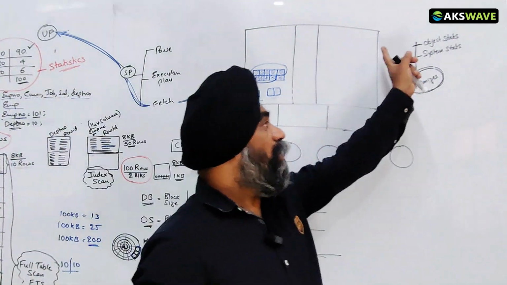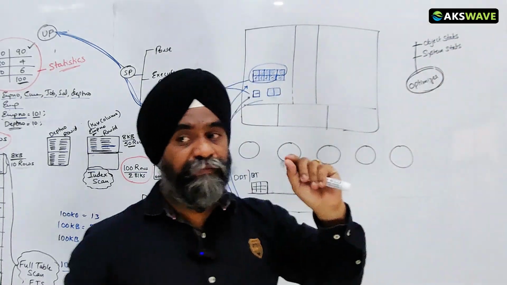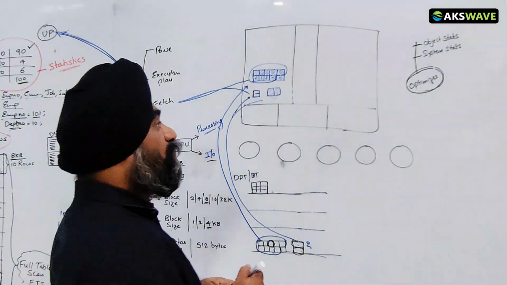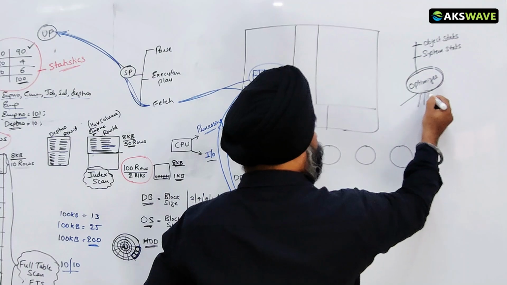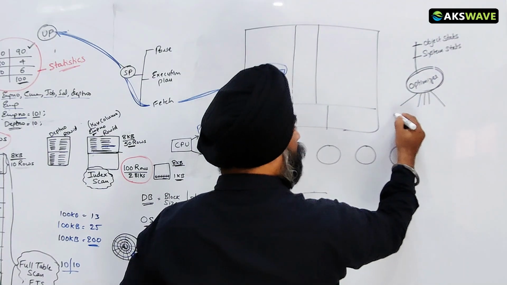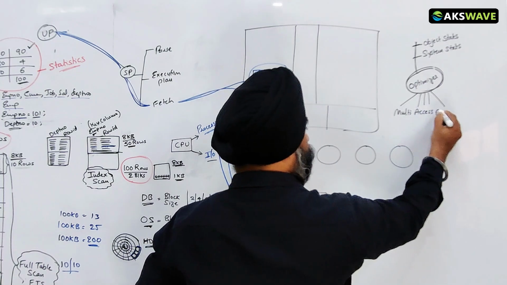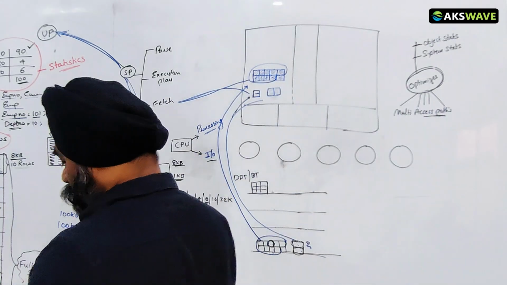So it needs object level statistics and another, system level statistics. Two levels of statistics are required, and using the statistical information, it will come up with multiple access paths.